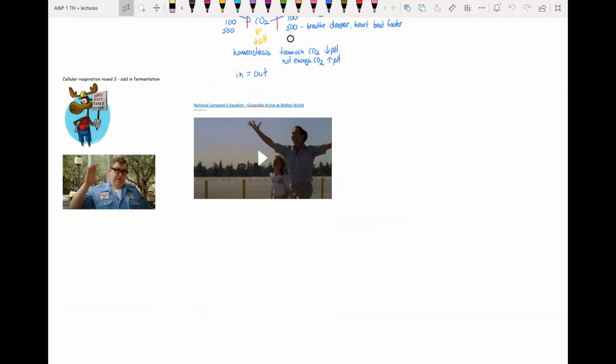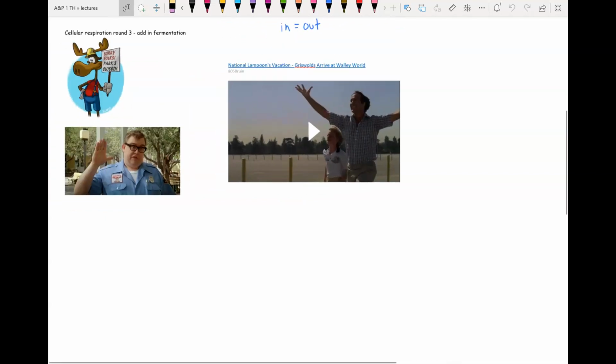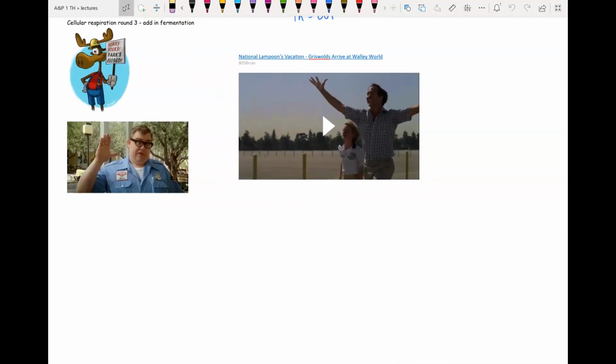Let's look at another aspect of cellular respiration now. When you are exercising full force, as much as you can, so when you are full out exercising, say you're running a marathon, right? You're giving it your all. You do use a lot of oxygen.